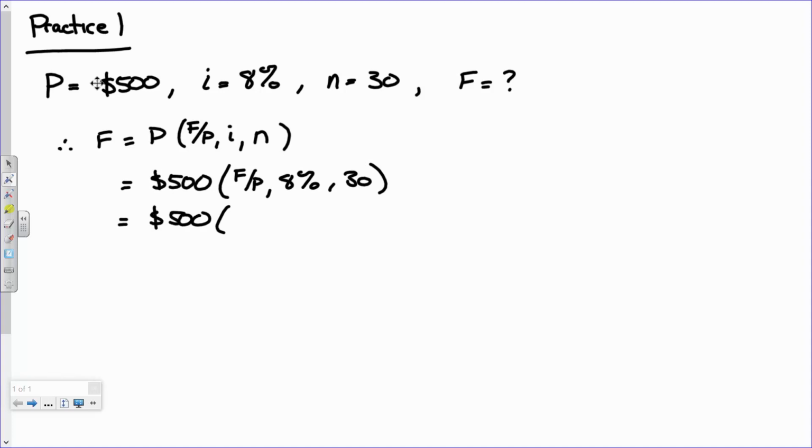Now I'm making y'all do some work. 10.0627. Do I have a second on that? So this is 10.0627, which equals what? Say it again. 5,031.33.